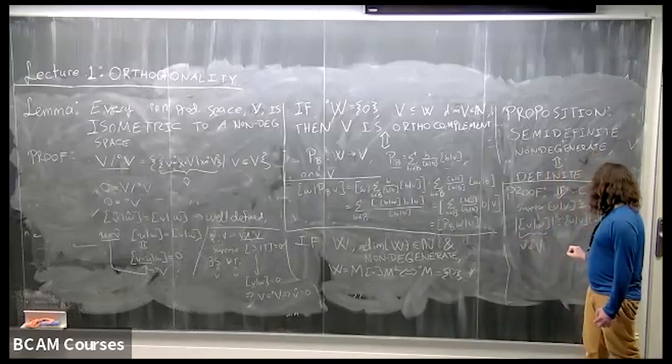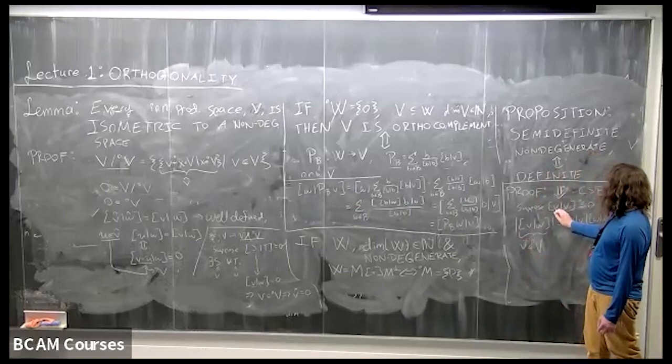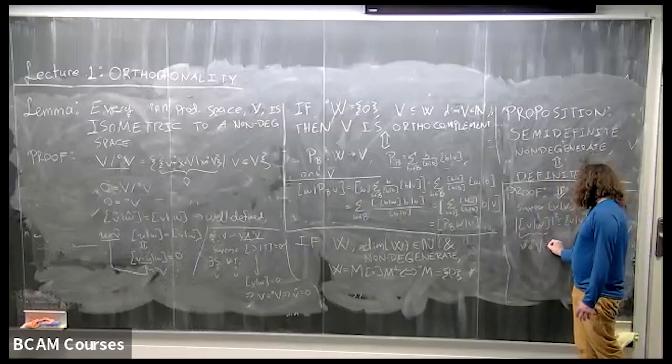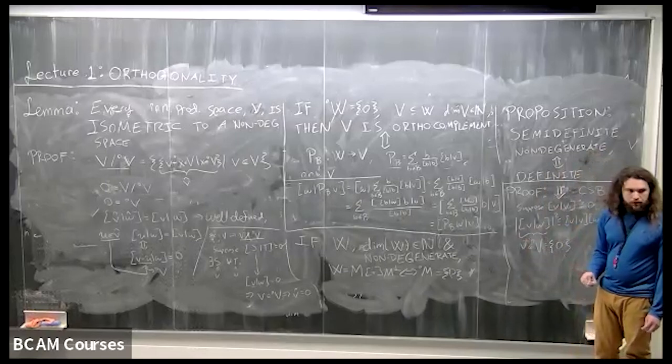Or alternatively, if V is neutral, then it's isotropic, but we know that the set of all isotropic vectors in the non-degenerate case is 0. Okay, so this is one proof.